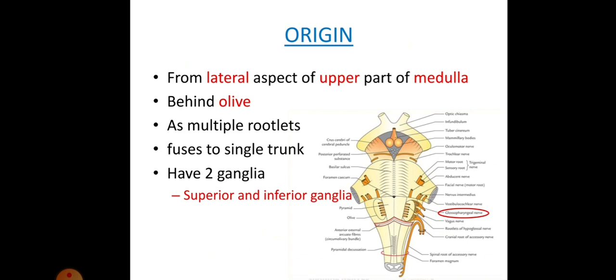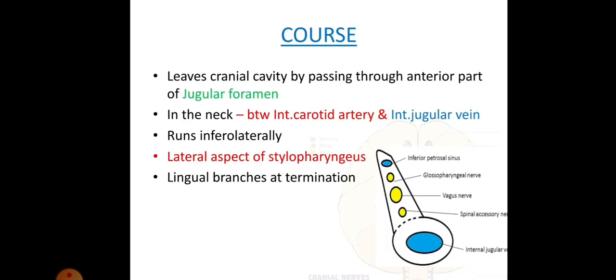It arises as multiple rootlets, but soon after its emergence it fuses to form a single trunk, and this trunk of the ninth nerve has two ganglia, superior and inferior ganglia. We will see them in subsequent pictures.